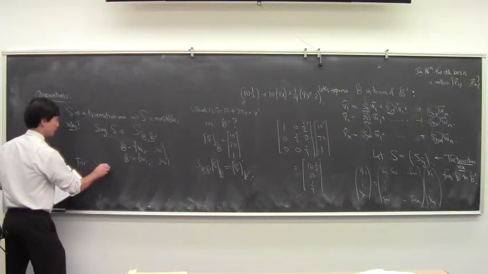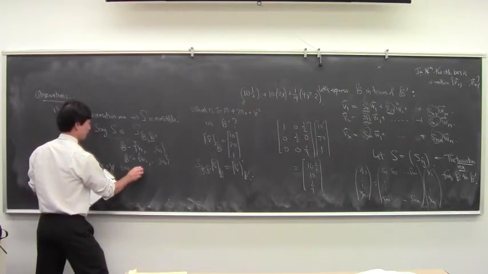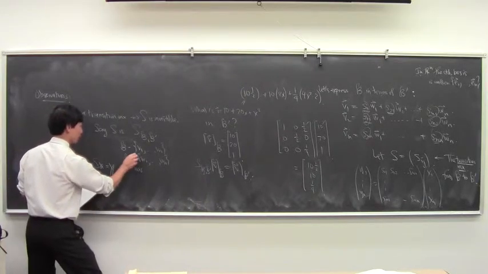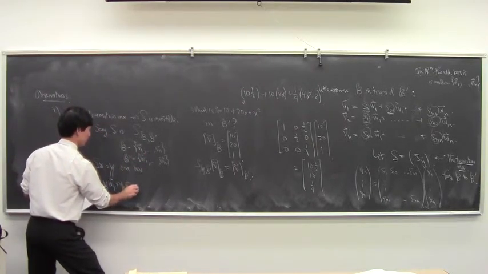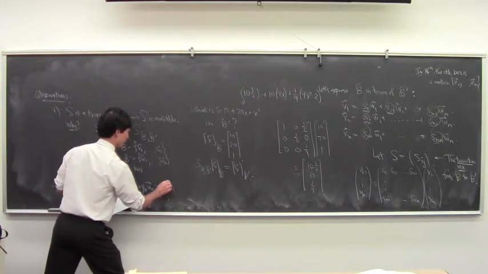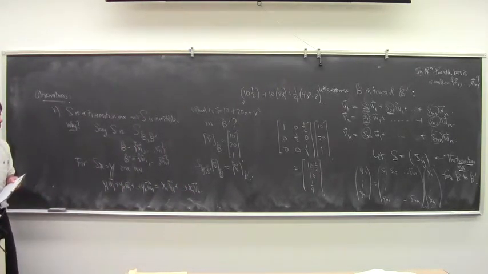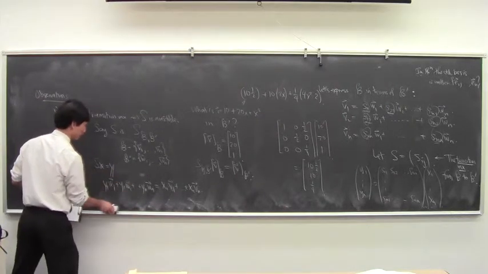For Sx to equal y, one has to have y1 w1 plus y2 w2 plus yn wn equaling x1 v1 through xn vn. Or maybe it's better to say it like this.